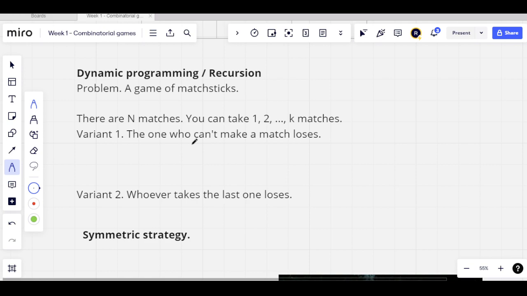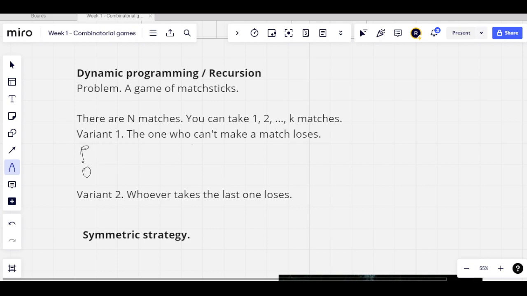What will be the base step of our dynamic programming in this case? Nothing taken. If we have no matches, the first player will lose.